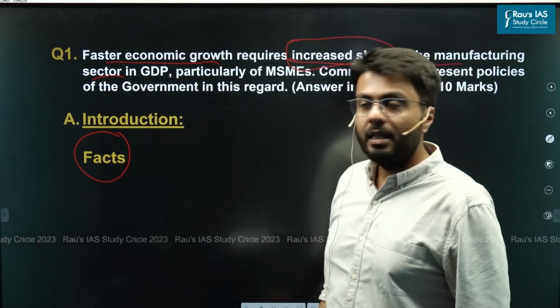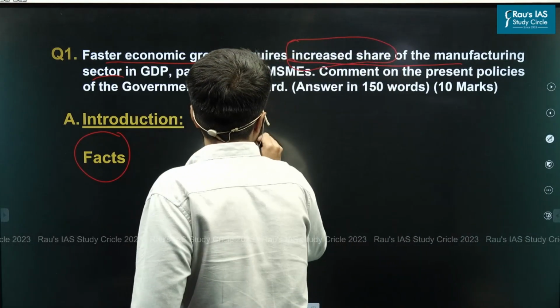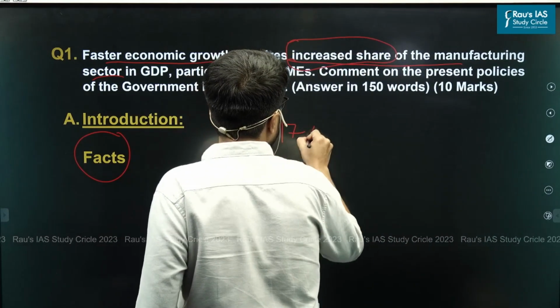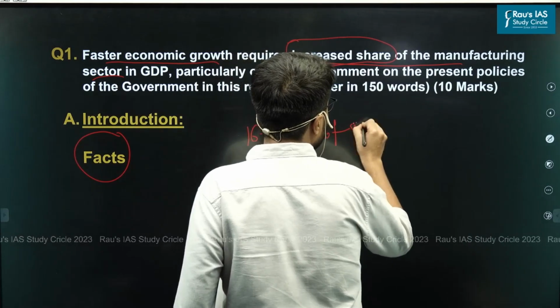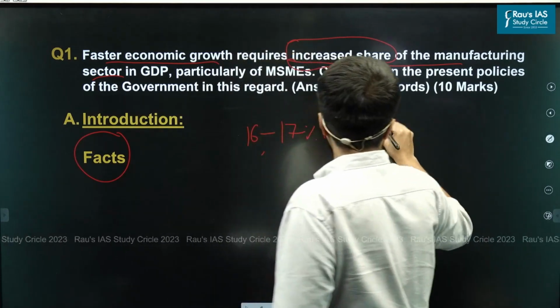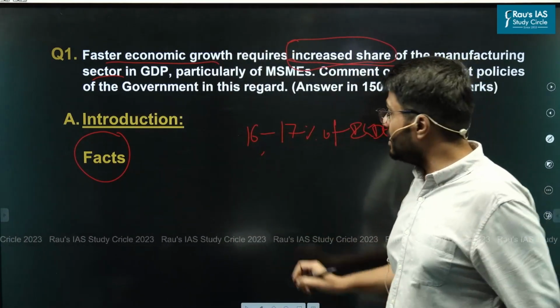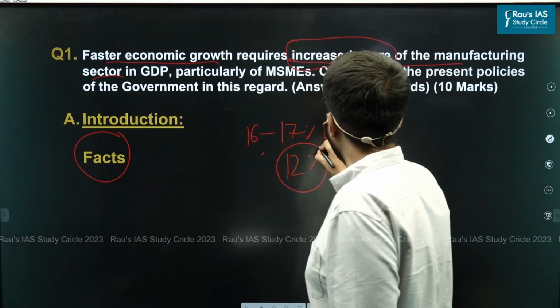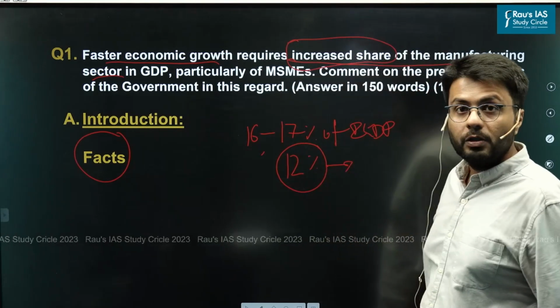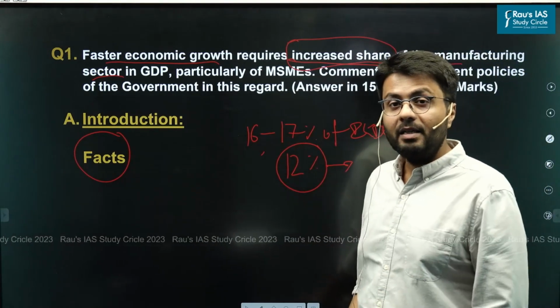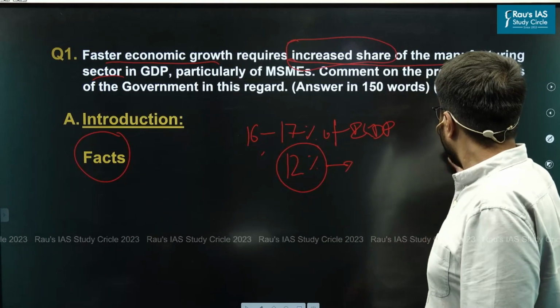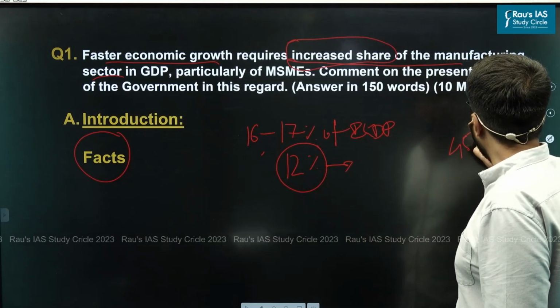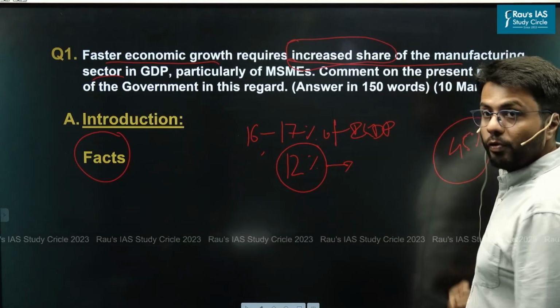Because currently the manufacturing sector accounts for about 16 to 17% of India's GDP in total. Also, this sector is responsible for about 12% of employment of the country's workforce. While on the other hand, the agriculture sector accounts for about 45% of the country's total workforce.